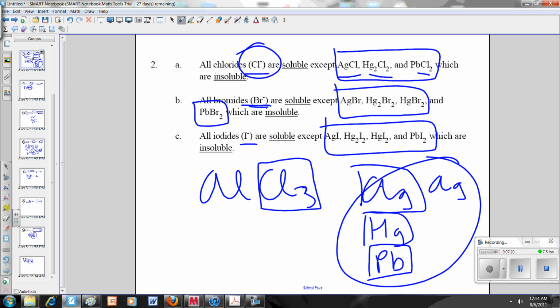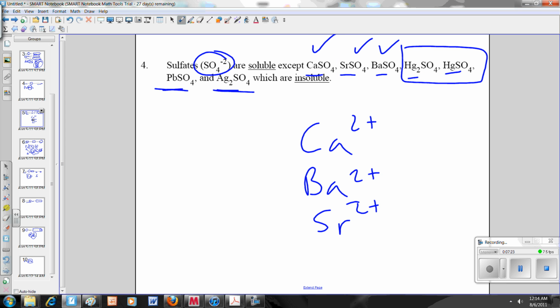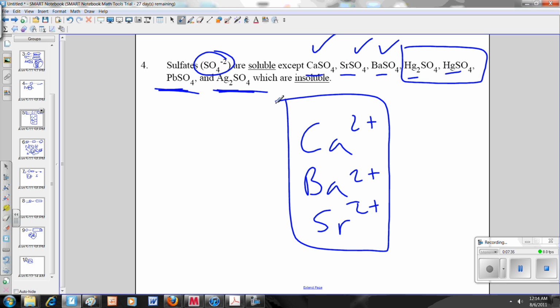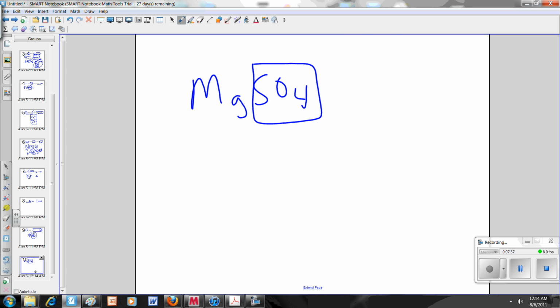All sulfates are soluble except these 6 exceptions: mercury, lead, silver, and CBS, calcium, barium, and strontium. Mg is not one of the exceptions. Therefore, if I put MgSO4 in water, we would classify it as soluble. It would break up into Mg2 plus and SO4 2 minus.